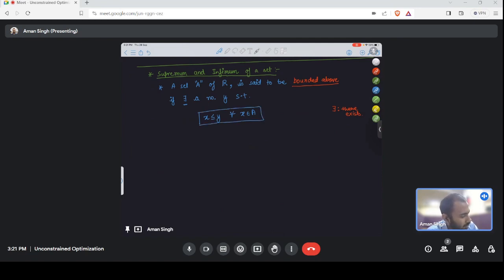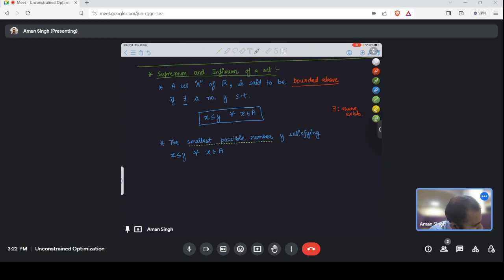Now, how can we use this bounded definition to define supremum and infimum? So the smallest possible number y satisfying x less than or equal to y for all x belonging to A. The smallest possible number, so this is the key.